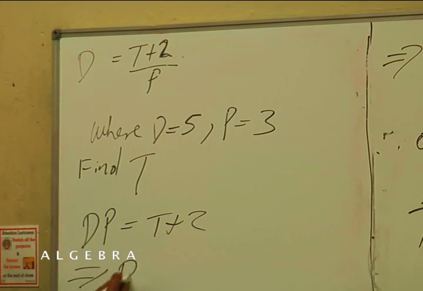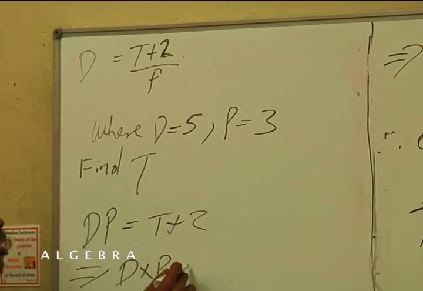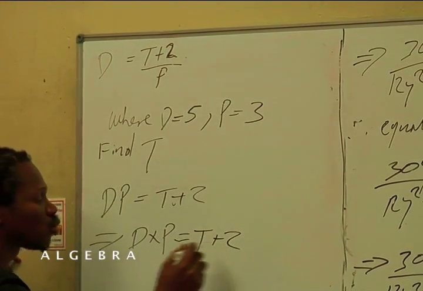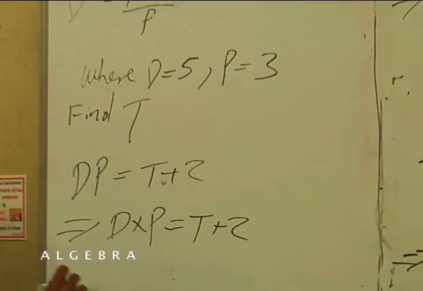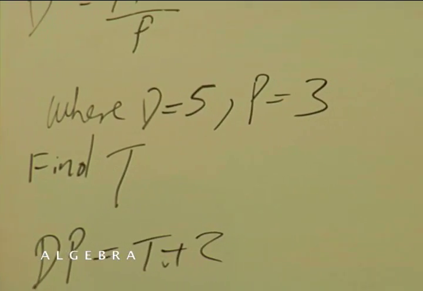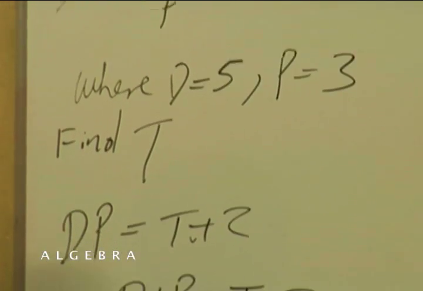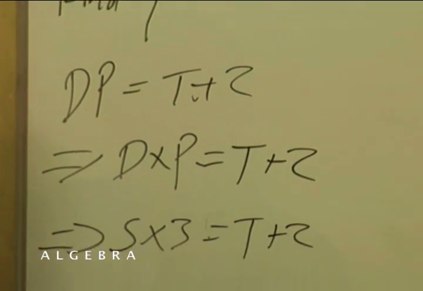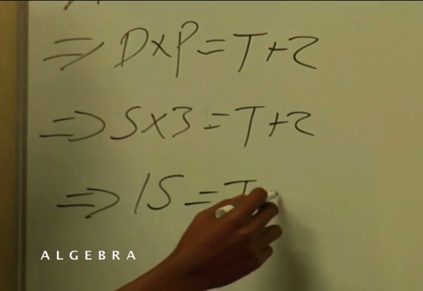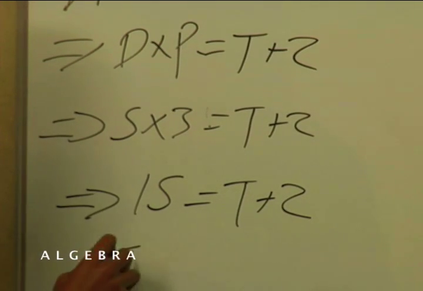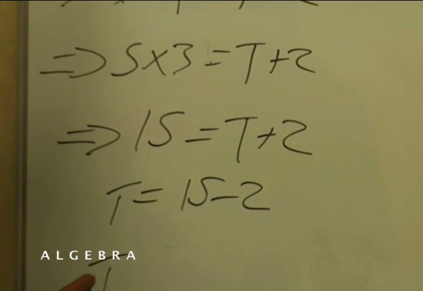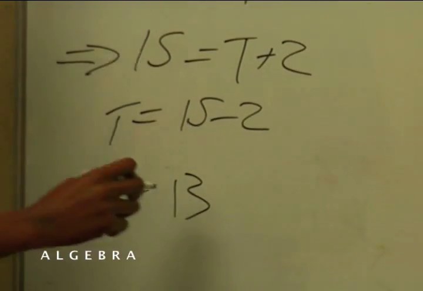This implies that D times P equals T plus 2. Therefore 5 times 3 equals T plus 2. 15 equals T plus 2. T equals 15 minus 2. T equals.